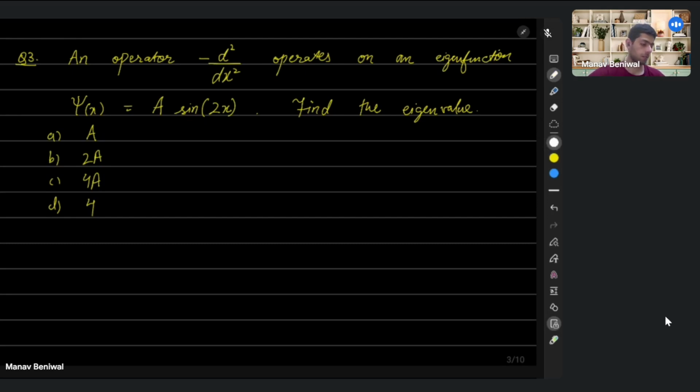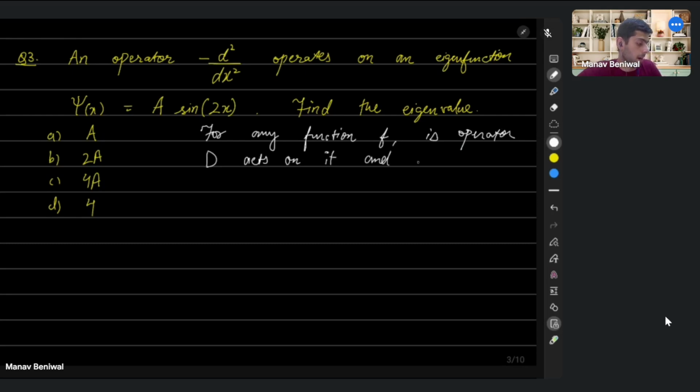Now we discussed in the last class that if you have any function f, and an operator D acts on it and we get the eigen equation, which is D operating on f gives you lambda times f.